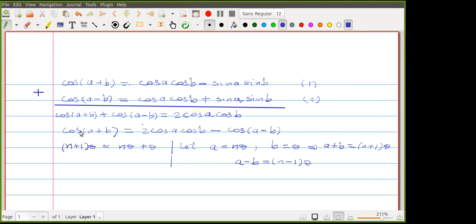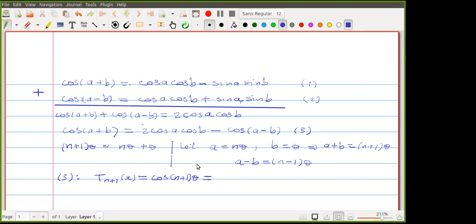Now, let us call this equation 3. If you substitute that expression into equation 3, this one will be Tn plus 1 of x, right, which is cosine A plus B, that is cosine (n plus 1) theta.